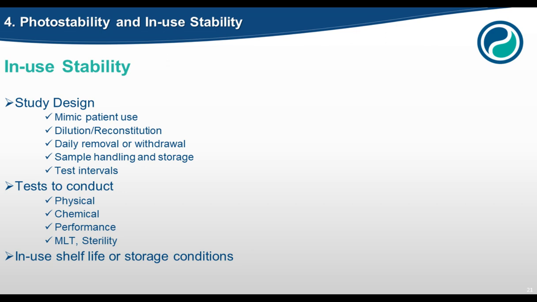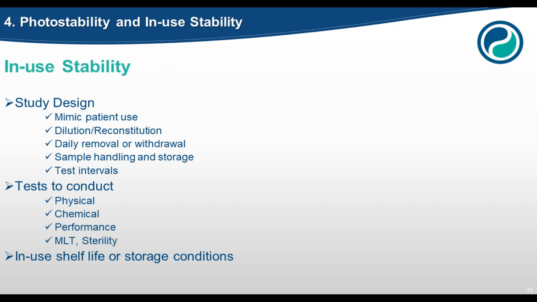For example, if the stability is designed for 1 month, we can do full testing intervals, including initial, 1 week, 2 weeks, and 30 days for the study. All the tests from the drug product specification should be included for in-use stability study, including MLT and sterility test.